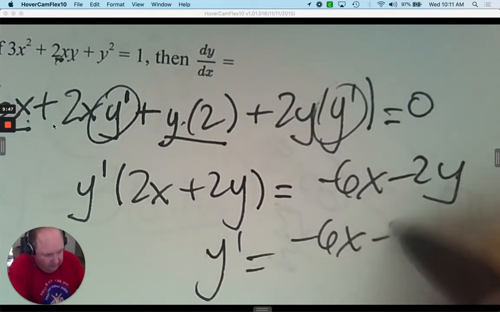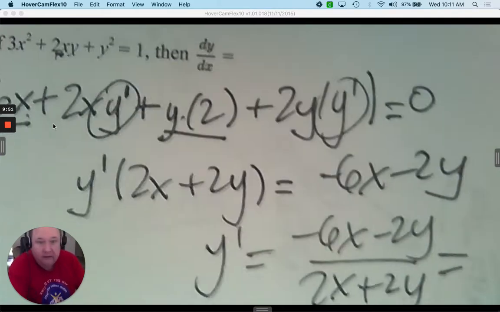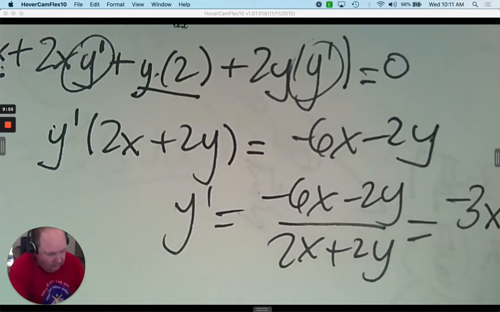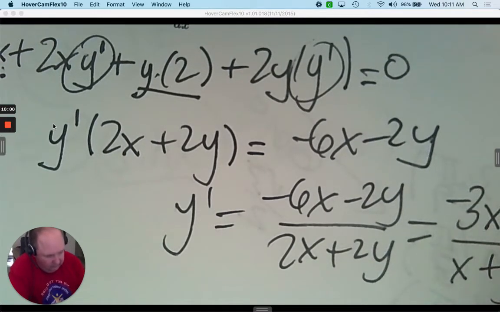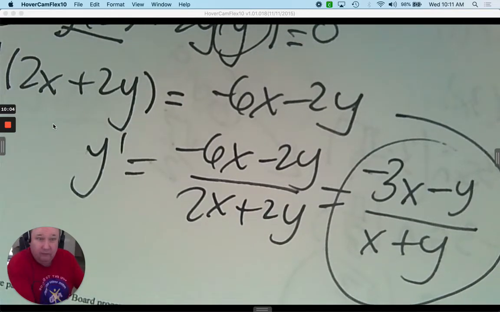Most likely you're going to have to reduce this down. So 2 goes into everything evenly. If you divide everything by 2, you get negative 3x minus y over x plus y. So this is what you get when you reduce it down. Oops. So that's what I'm looking for.